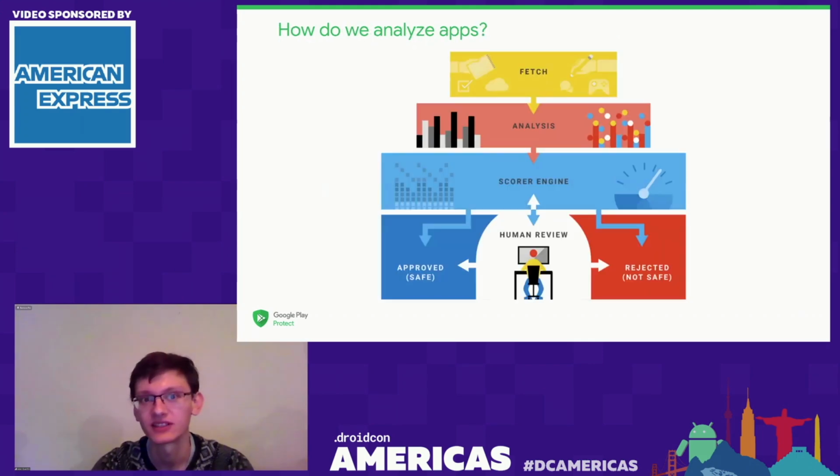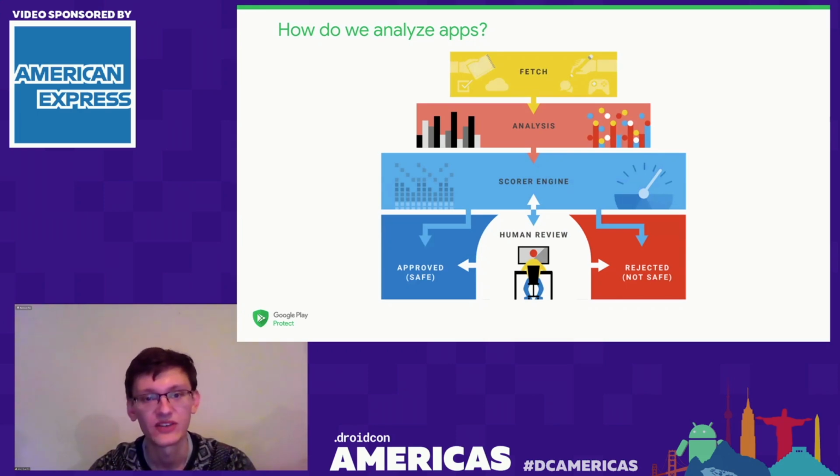When we start reverse engineering apps, mainly we have some kind of reason to suspect that they're malicious or dangerous. We get apps from a bunch of different sources, like the Play Store, pre-installed apps, user reports, and partner antivirus companies, and we do some automated analysis on them.